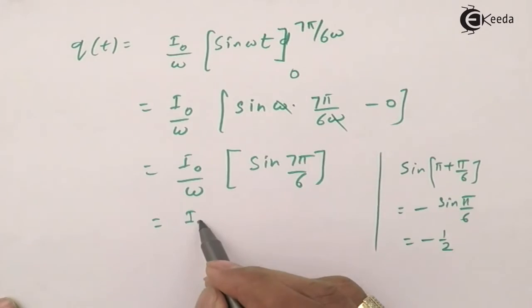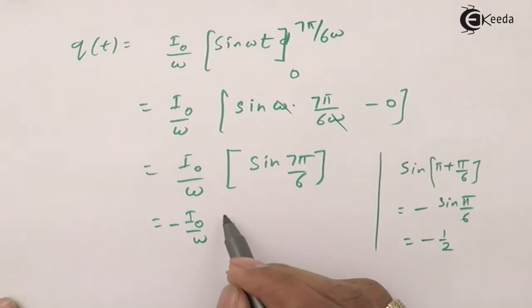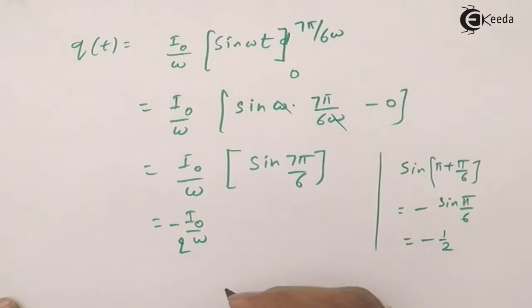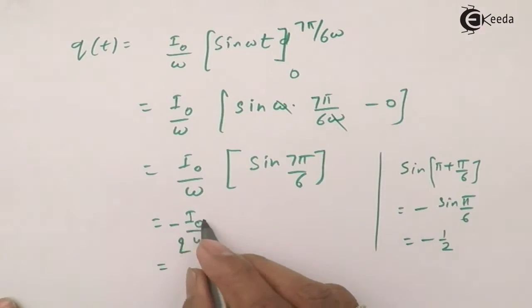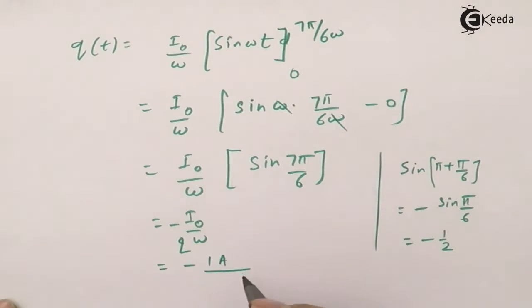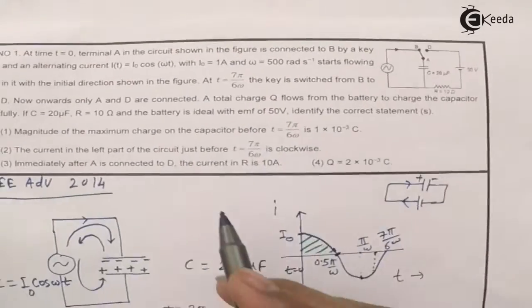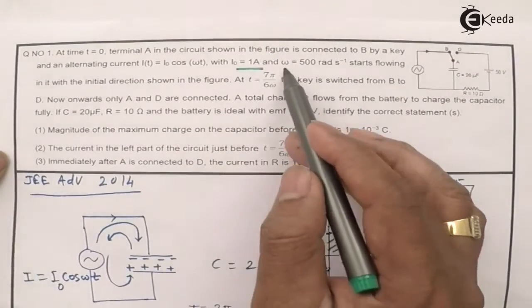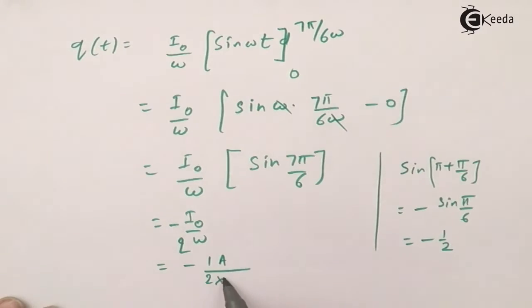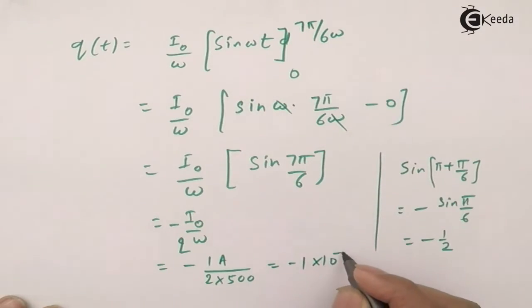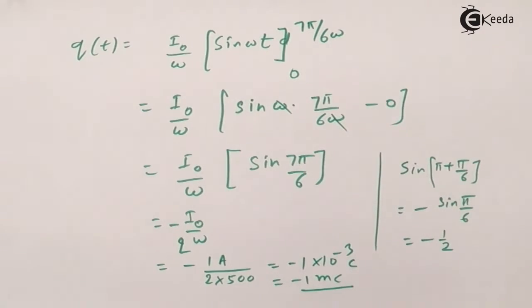If I put that, I naught over omega, with the minus sign and 1 by 2. I naught is 1 ampere, the maximum given in the question, and omega is 500, so I'll plug in the values. This is 1 by 1000, which is minus 1 times 10 to the power minus 3, that is minus 1 millicoulomb.